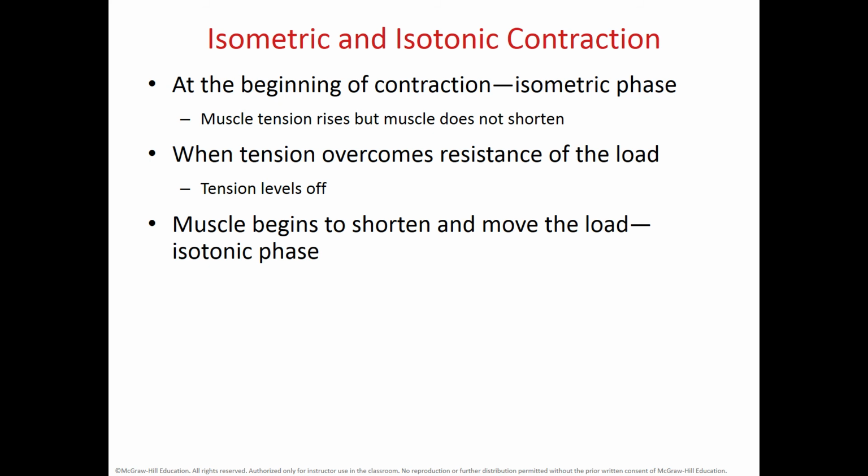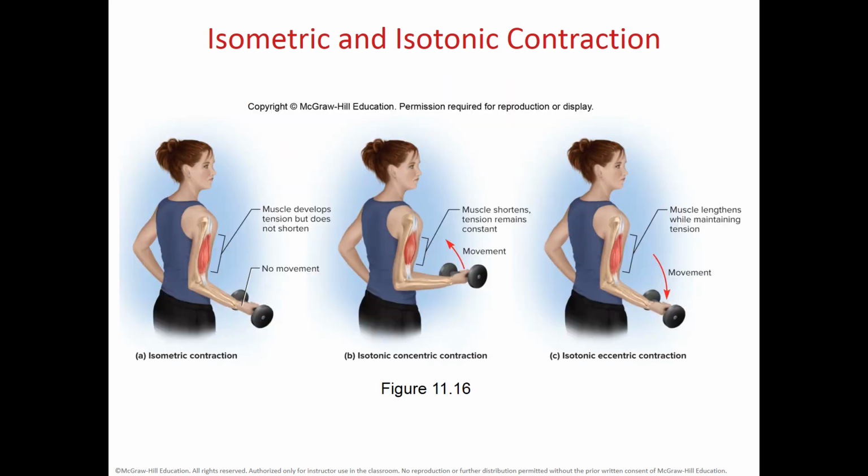So you will generate muscle tension, but the muscle doesn't shorten. And then when the tension is overcoming the resistance of the load, the tension will level off. And then the muscle will begin to contract and move the load into the isotonic phase through the concentric and eccentric contraction. So this is the diagram to show you what happens.